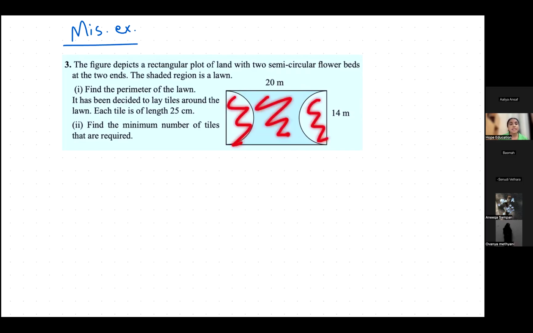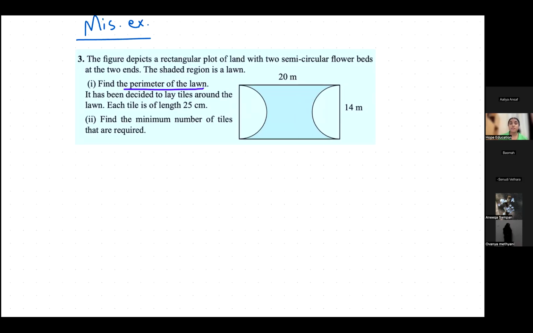Okay. Let's look at the question. Find the perimeter of the lawn. The lawn is the shaded part. And we have to find the perimeter. Now, when we find the perimeter, what is this length? 20 meters, because it's given, it's very obvious.